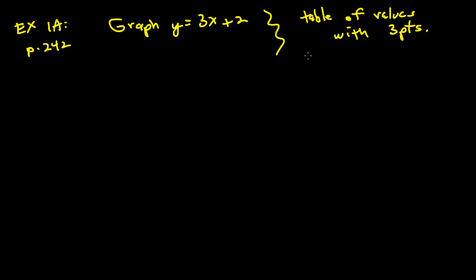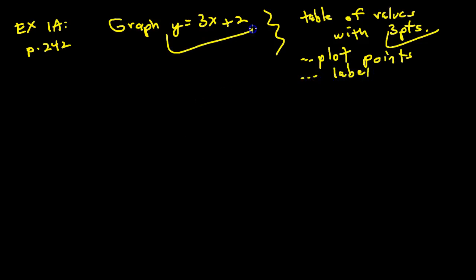If these points turn out to not be on the same line, then you've made a mistake. So it's probably a good idea to get 3 points whenever you're graphing. Once we generate the table of values, we plot the pairs of x, y values that we generate in the table, and then we'll label and make things nice in a final product.